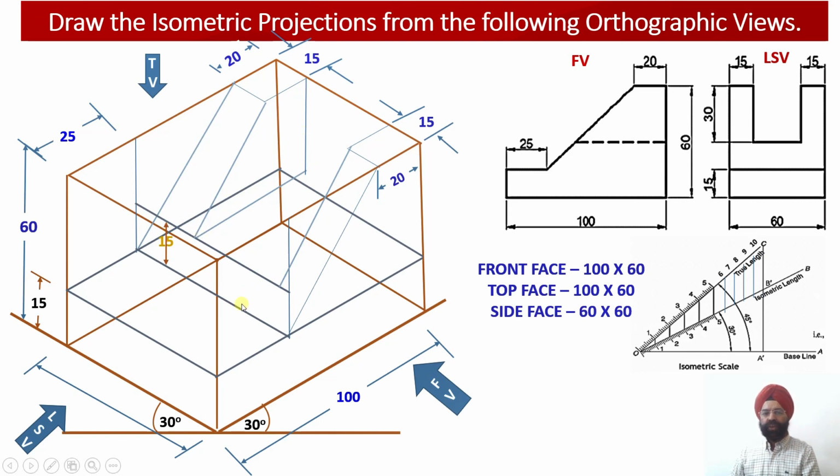First method is you draw a distance of 15 millimeter, because this distance happens to be 15 millimeter. So the vertical distance is 15. So the inclined distance will be slightly more than 15. So this vertical distance I have marked as 15, and wherever it intersects the inner walls of this web, I will be getting these two intersection points.